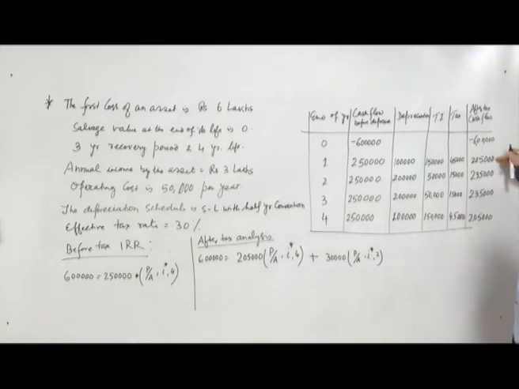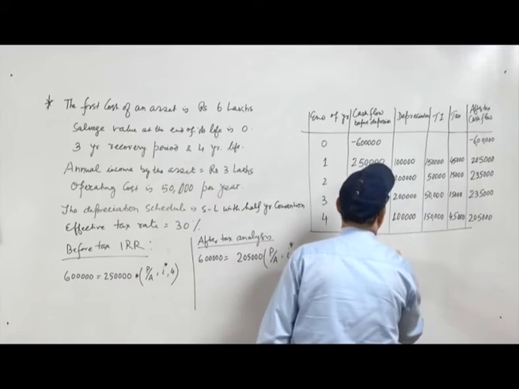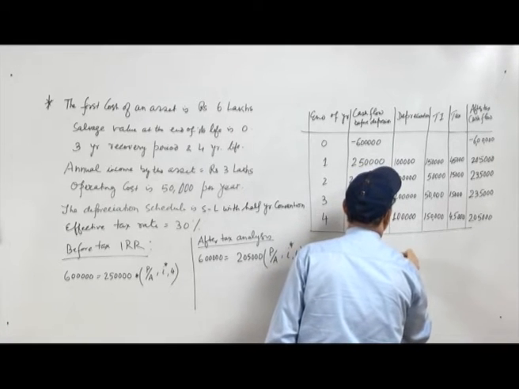And further, to get its equivalent value at this point, you have to multiply it by P/F, i*, 1.